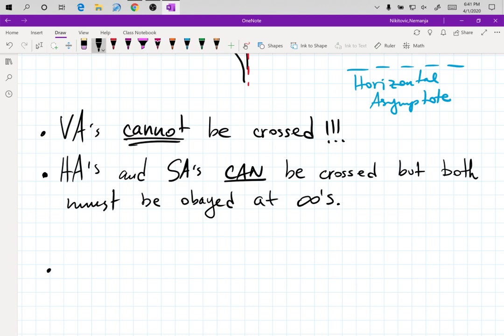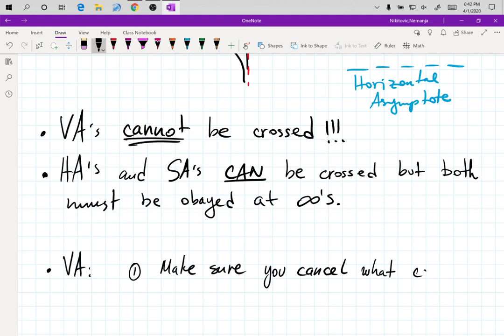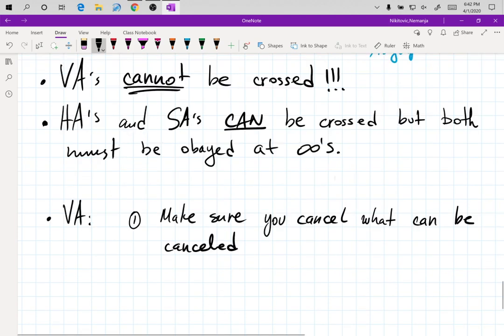So for vertical asymptote, before that, number one, make sure you cancel what can be canceled. That's the first.